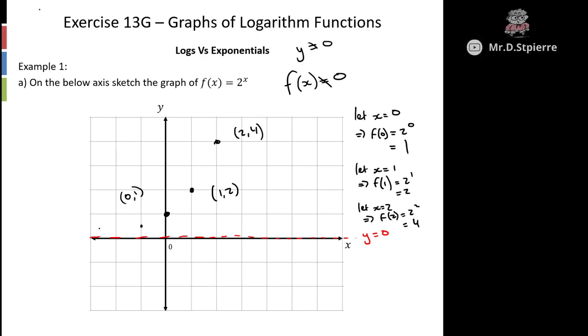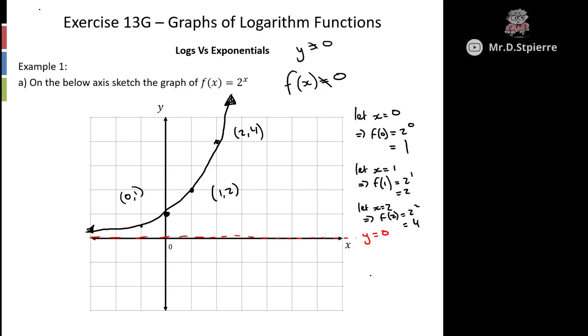Okay. So the graph of f of x looks something like that. Just a reminder for what a graph of an exponential looks like. It gets big quickly, really quickly.